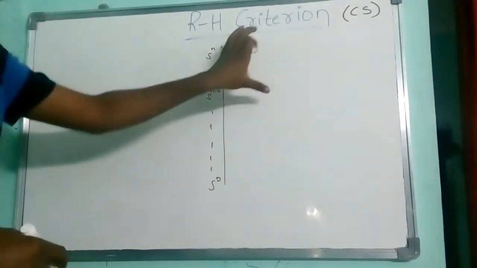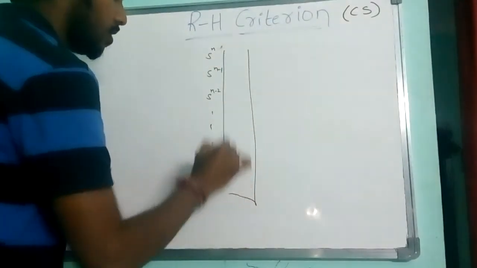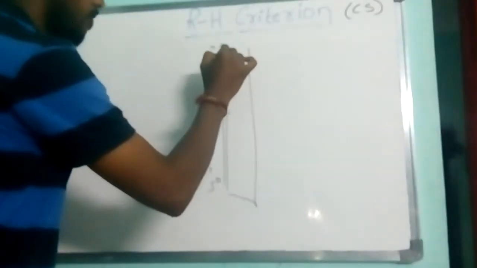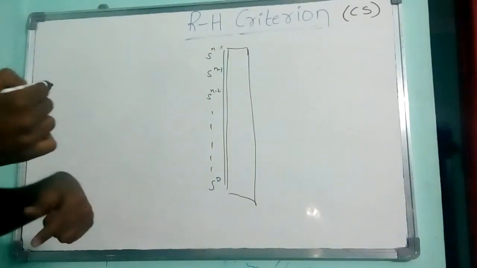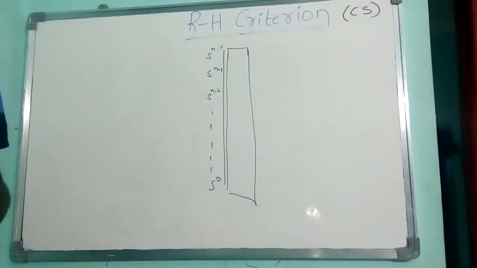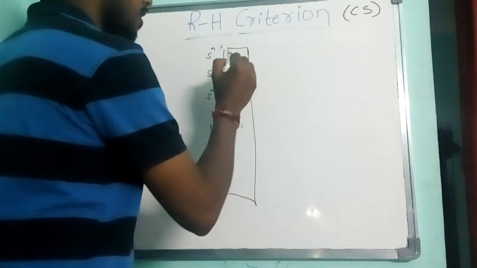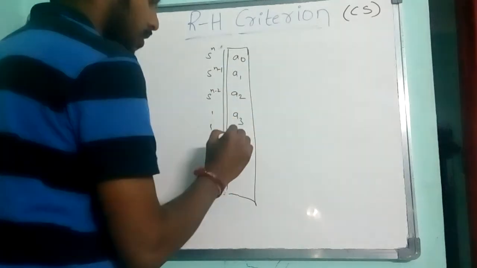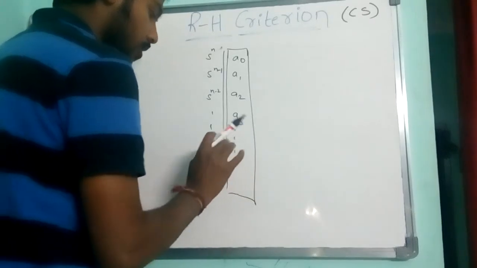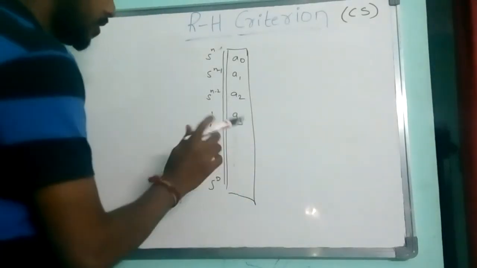Whatever values I have in the first column of the Routh table define my stability of the system. Suppose here I have the coefficients, let's say a0, a1, a2, a3 and so on up to a finite number. I'll take a finite system for easy understanding.